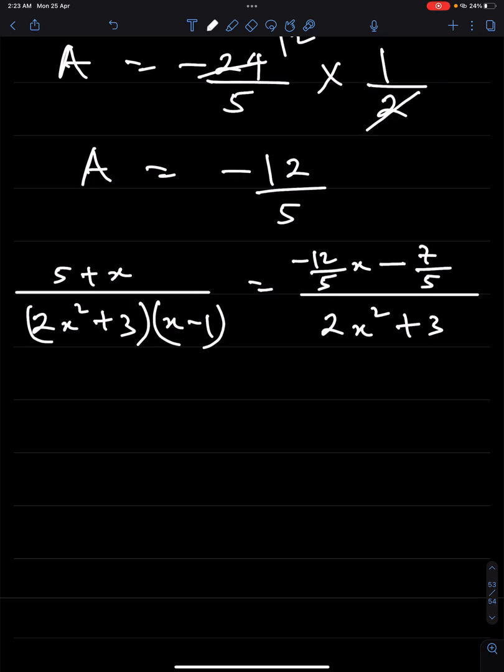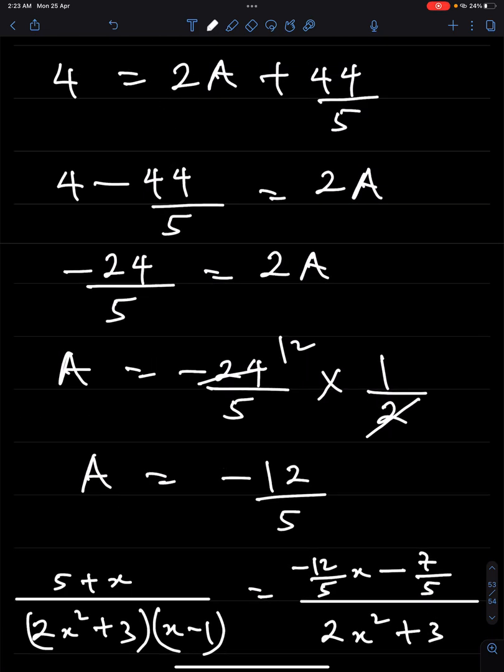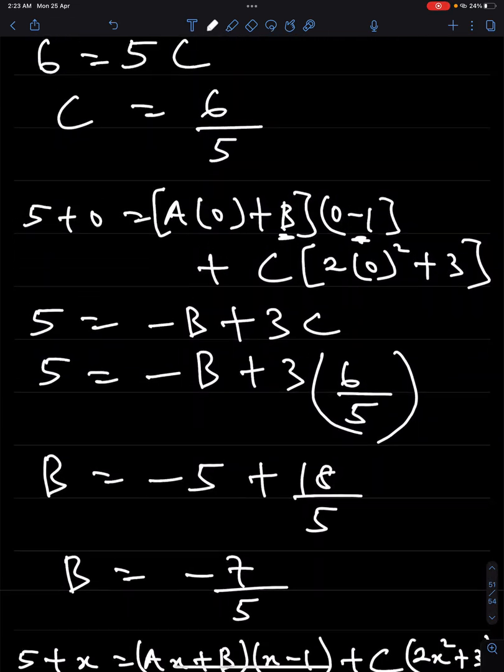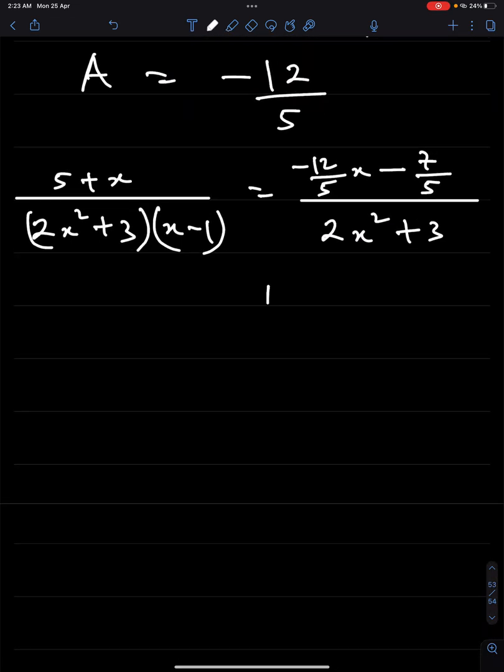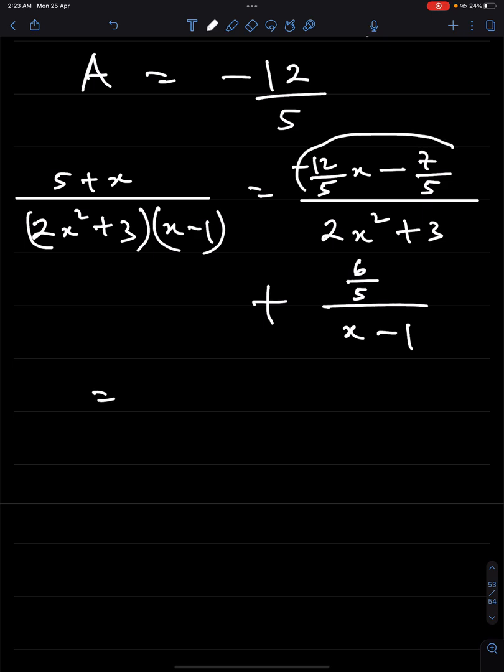I'm writing it this way so that you don't find it clumsy and it can be clear. Plus c over x minus 1. What is c? c is 6 over 5. That's plus 6 over 5 all over x minus 1. So that's the same as minus 12 over 5x minus 7 over 5, which is the same as minus 12x minus 7 over 5.